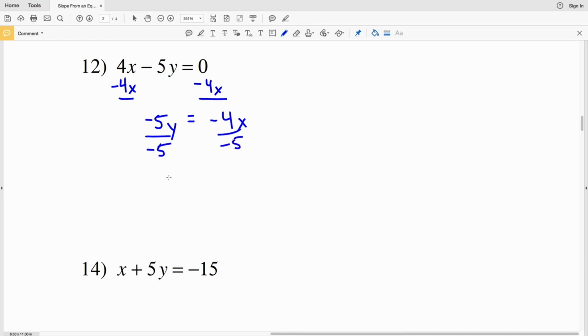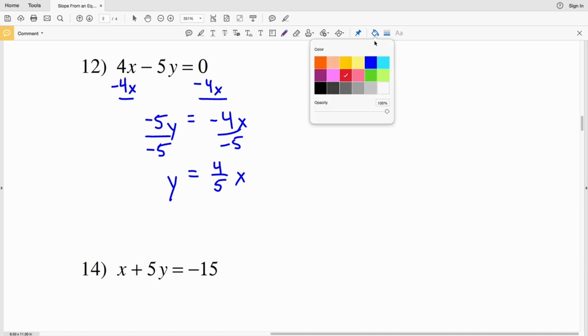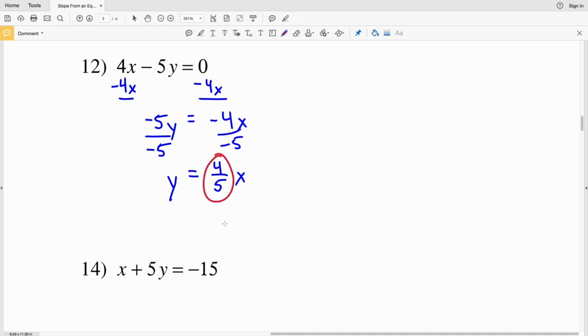And doing this, we'll have y isolated on the left side of the equation, and that's going to be equal to negative 4x over negative 5, which is the same as positive 4/5 x. Now the equation's in slope-intercept form because the b is simply 0, so that means our slope is a positive 4/5.